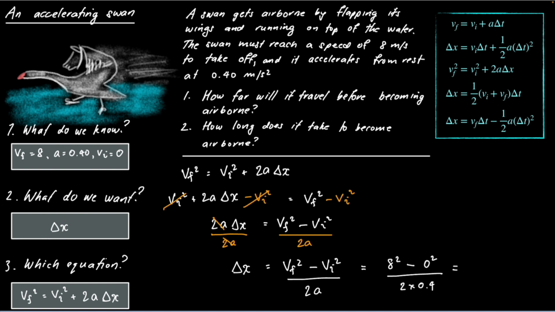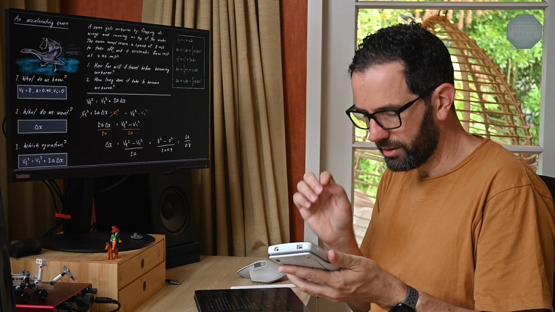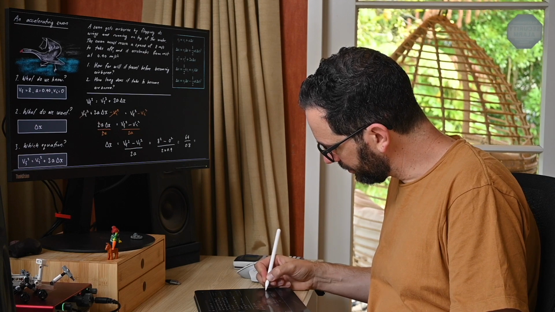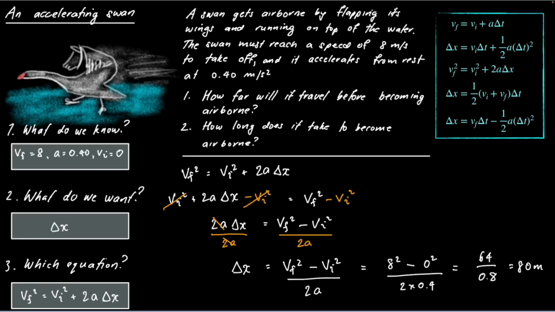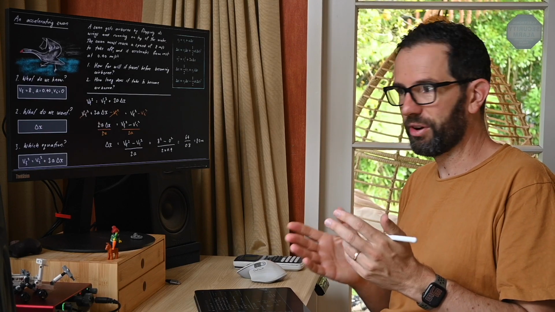So that will be 64 over 0.8, which I can see ought to be 80, but let's just put it on the calculator to make sure. 64 divided by 0.8, 80 meters. Now, because we've been given what is on the face of it a plausible word problem to solve, we should also check that our solution is physically reasonable.